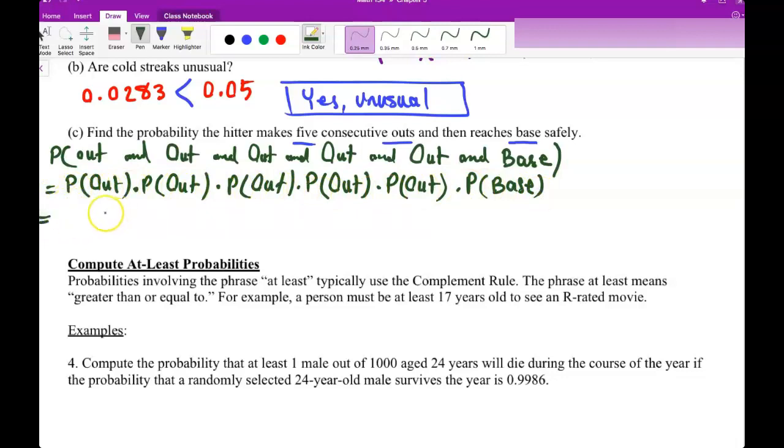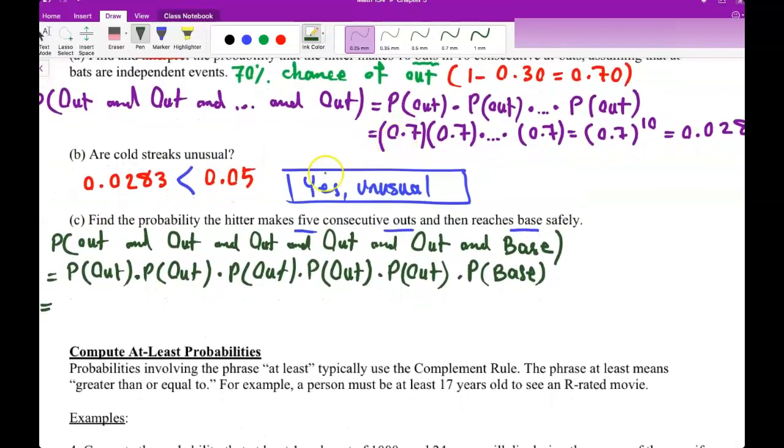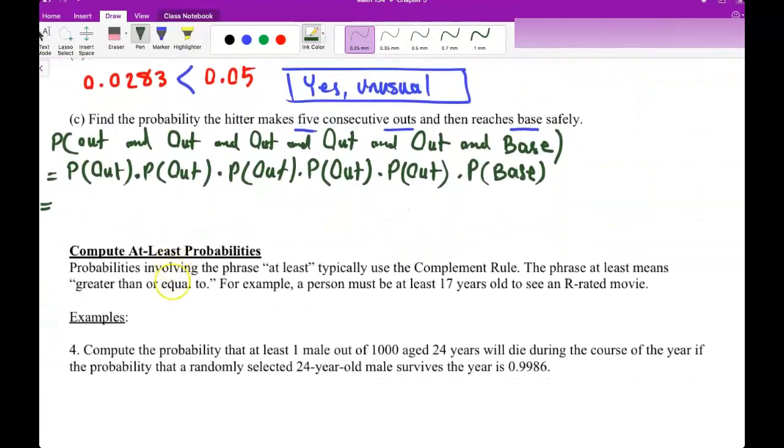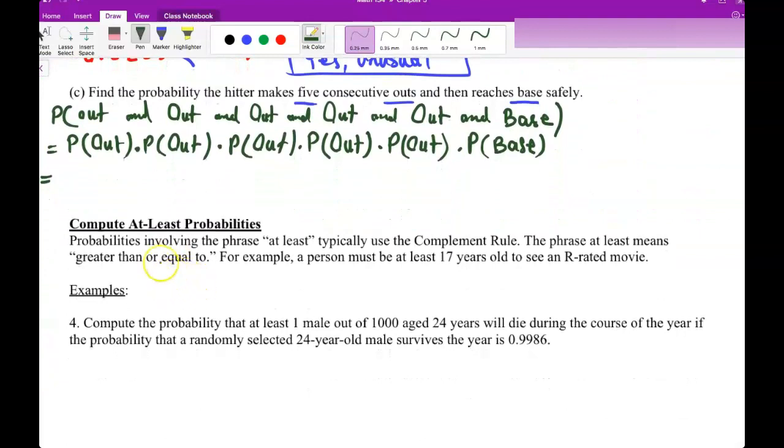Now the probability for out was 70% and for base was given as 30%. Adding out and base, 70% plus 30%, you should have 1, so 100%.